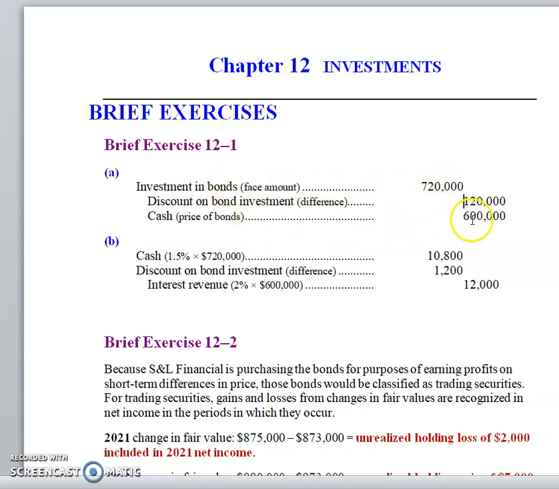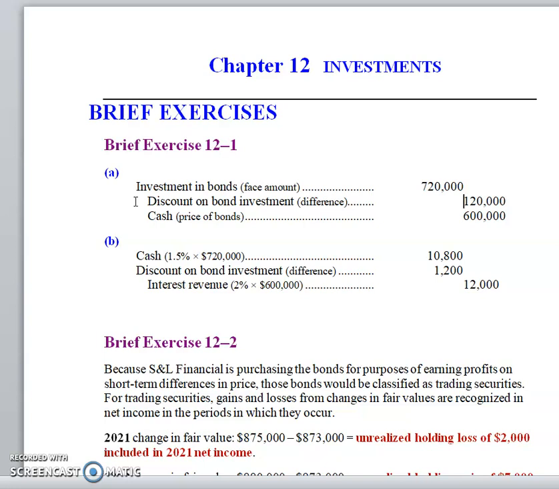We credit cash for the amount of cash paid, $600,000, and then the discount on the bonds is a plug number to make those balance. So the discount was $120,000. Now, since it's a credit, it's a discount. If it were a debit, it would be a premium. Okay, so that's the entry to record the initial purchase of the bonds.